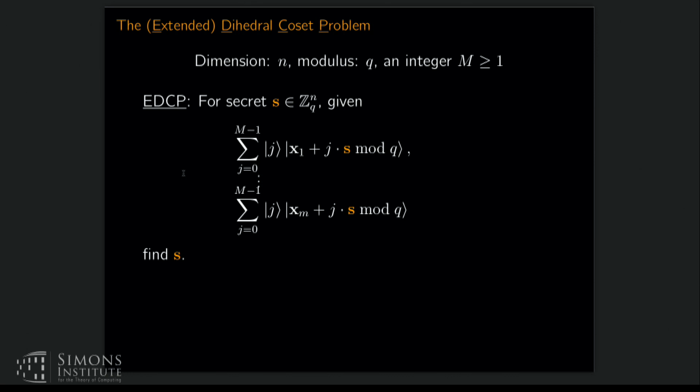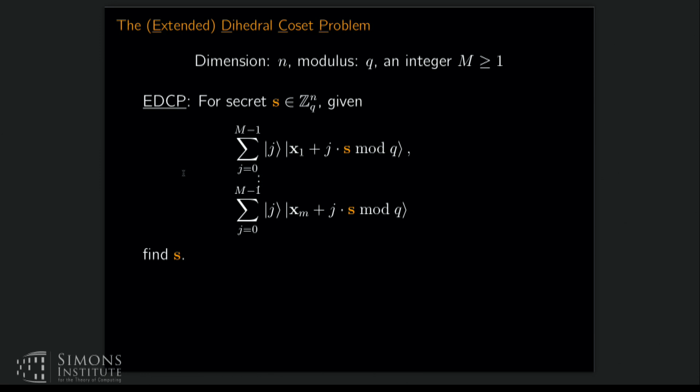Instead of giving a bunch of classical samples, it gives you a bunch of quantum states. The states look as follows. This is a quantum state, not normalized. I don't normalize my quantum states throughout the talk, so all the quantum states should be normalized as appropriate.